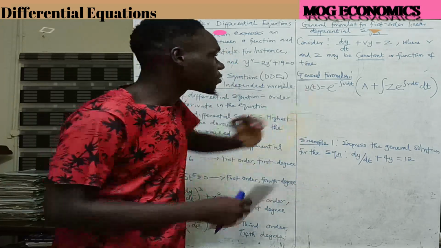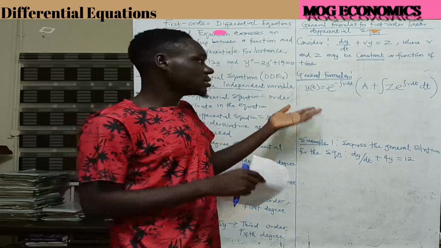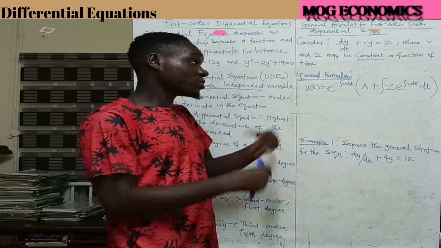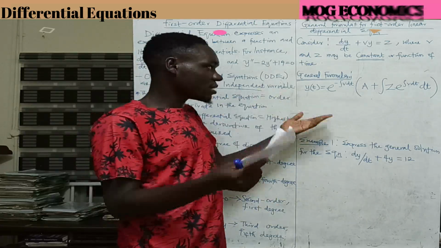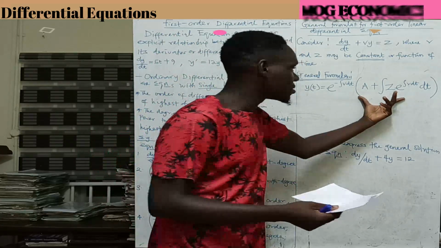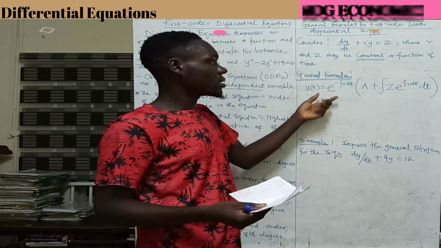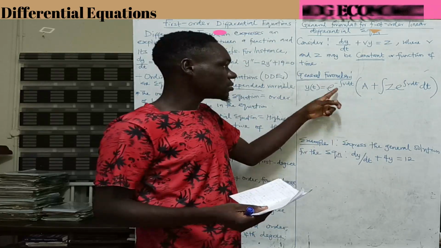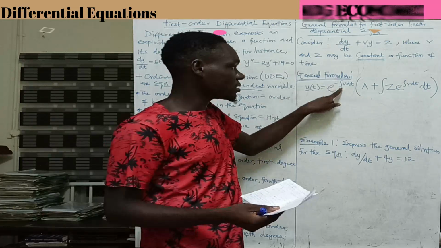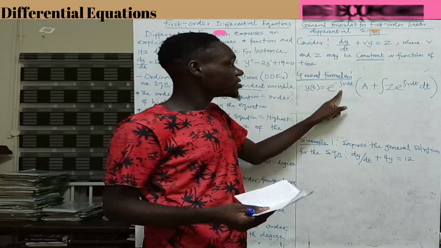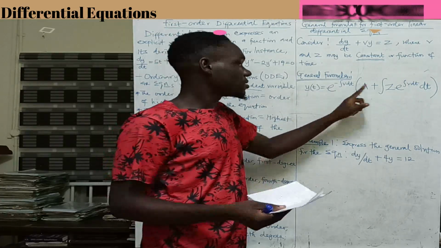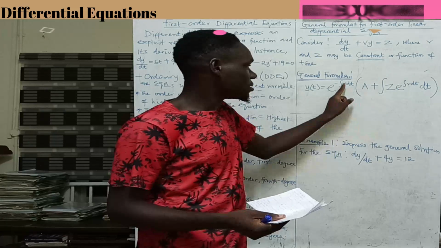Now this is the general formula, for a given arbitrary function. So for an arbitrary function, this is the formula. Here, this is the natural logarithm raised to the power of negative. Now this is an integral sign, so it appears also here. This is the v.